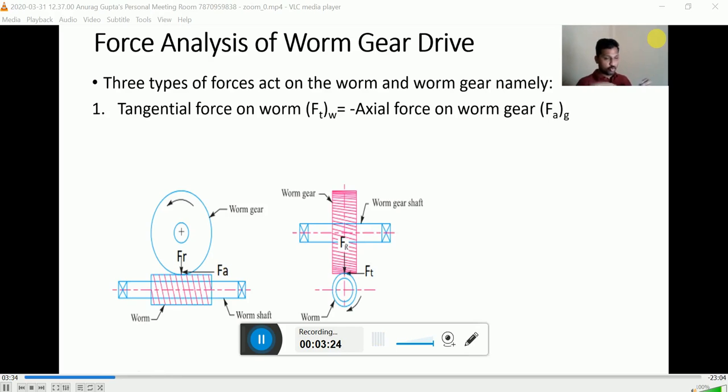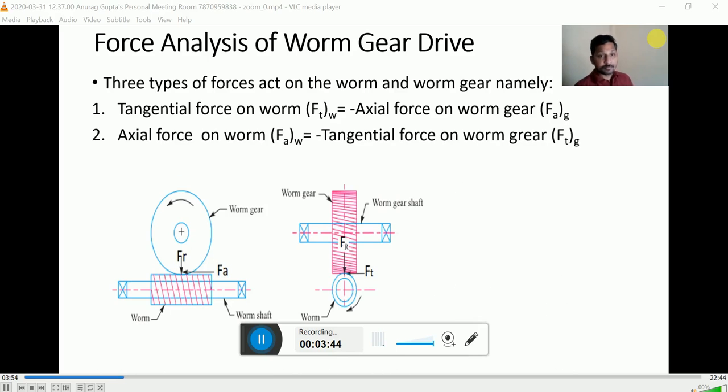If these two forces are in the same direction, what will happen? The gear drive will not be in equilibrium, and we never want any system in the non-equilibrium condition. So each and every force will have an equal and opposite reaction to have the drive in the equilibrium.